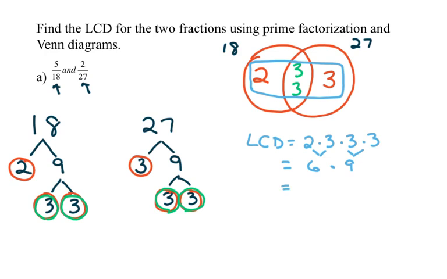And 6 times 9 is 54. And so the least common denominator of 18 and 27 is 54. And so if we were to add or subtract these fractions, we can have the least common denominator of 54.